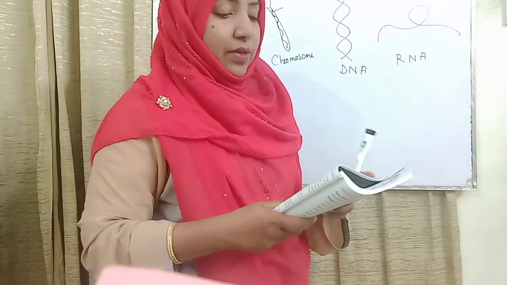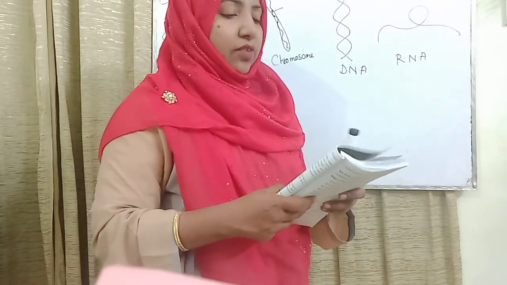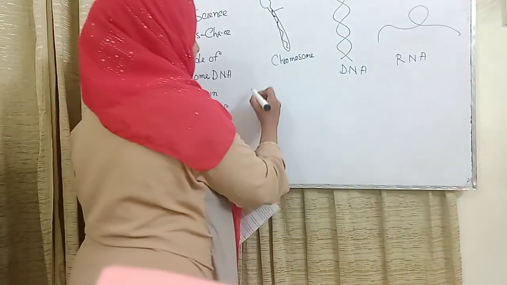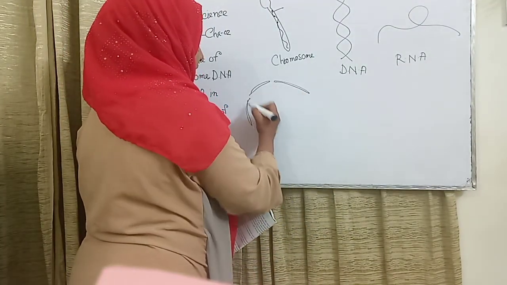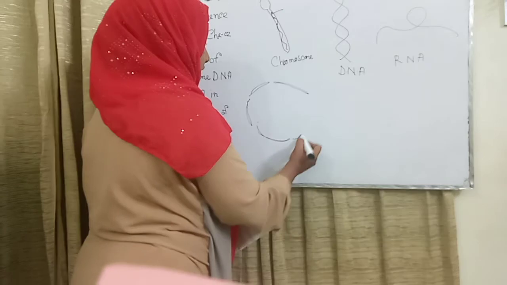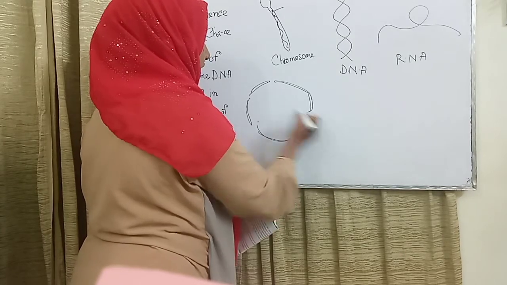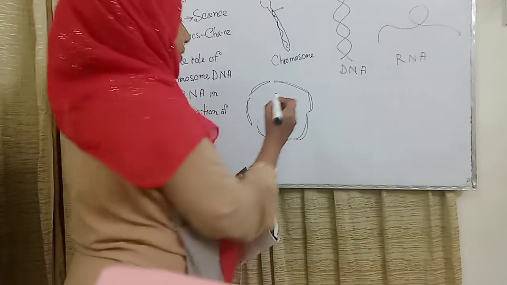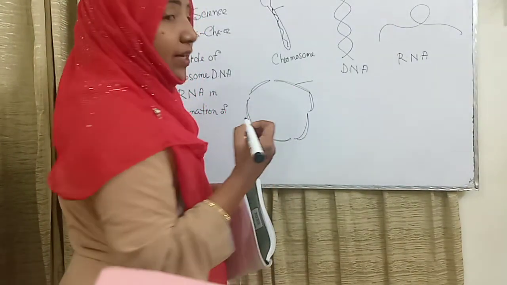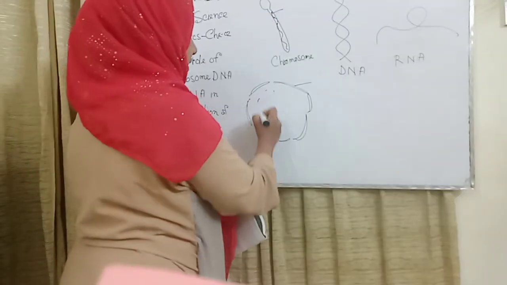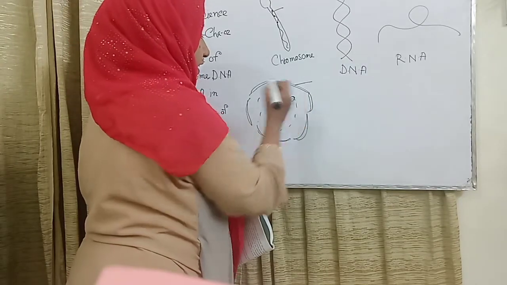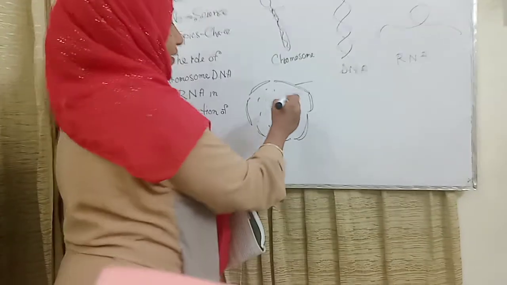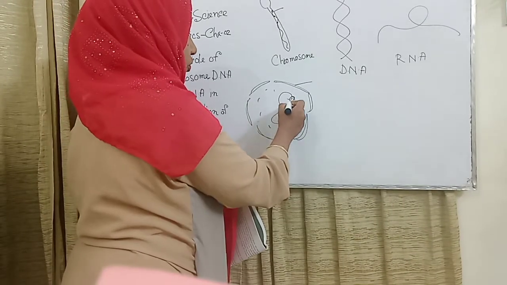Again, the nucleus of a cell contains the chromosome. Here I have drawn the nucleus, a very important cell organelle. This structure is the nuclear membrane, this is the nucleoplasm, the pin-shaped structure is the nucleolus, and this structure is the chromatin.